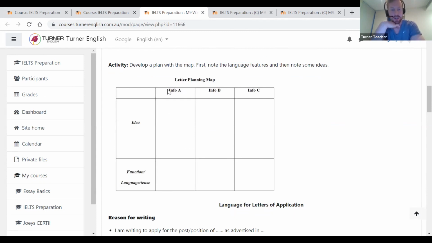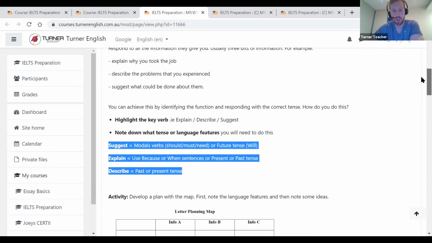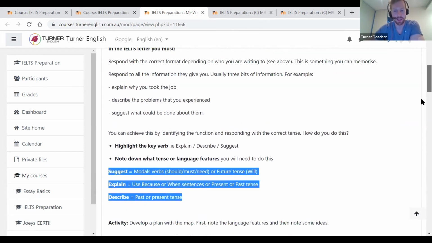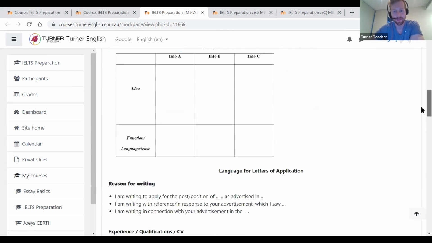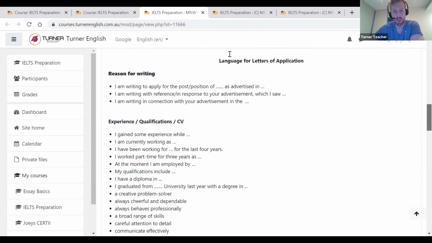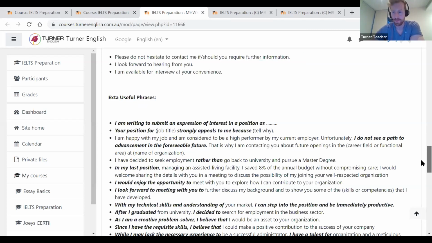So the other thing that you should do is plan. But this you can do after you get your letter. So there are some good phrases that you guys will be able to learn from different types of jobs. Okay, so let's look actually.